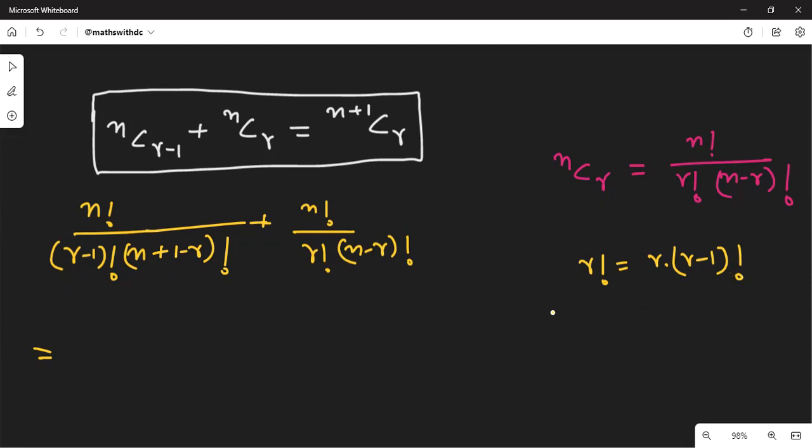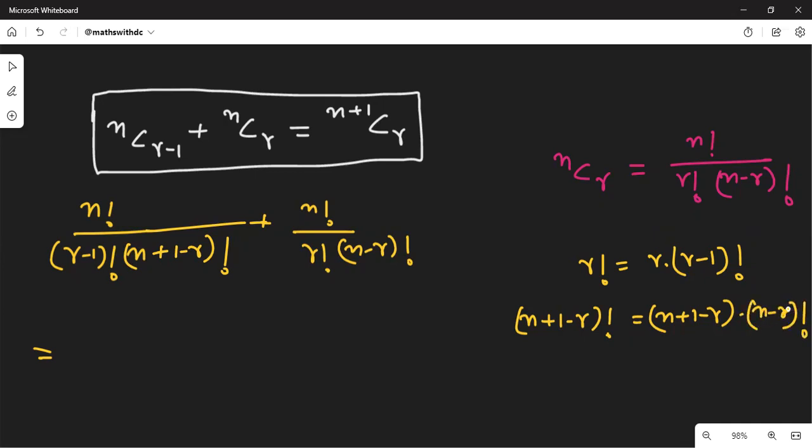And similarly, (n plus 1 minus r) factorial can be written as (n plus 1 minus r) multiplied by (n minus r) factorial.